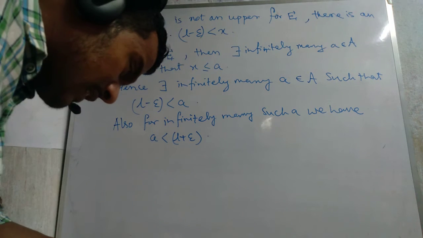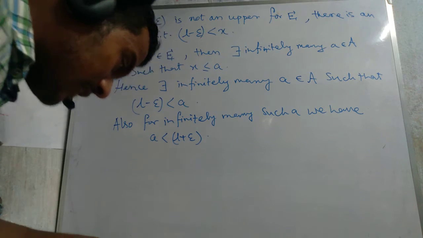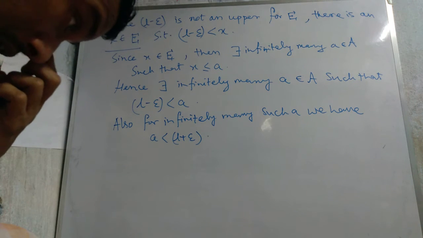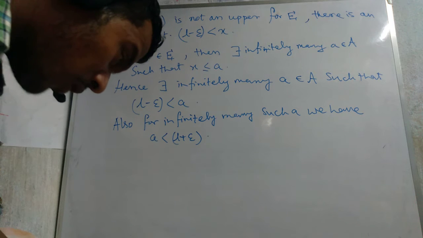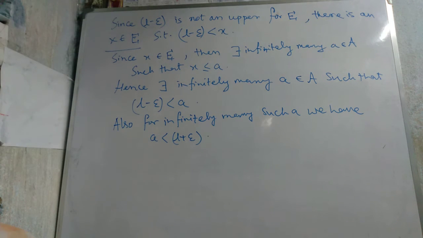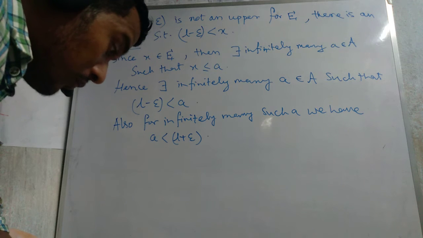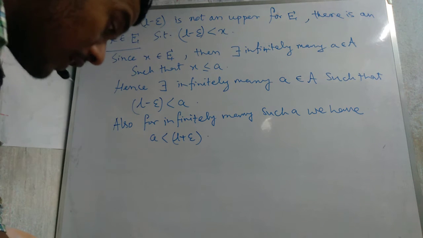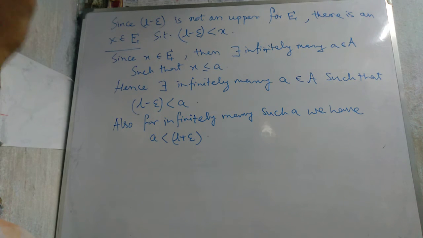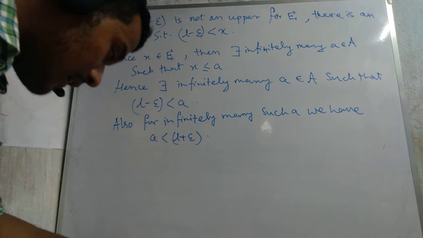Otherwise, except for finitely many such elements of A, for all other a belonging to A, we have a ≥ L + epsilon. That means a < L + epsilon for infinitely many such a.